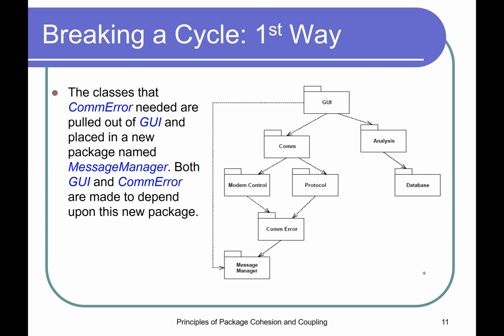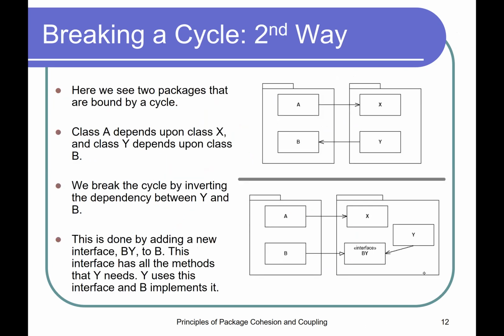Okay, now the other way I can break up the cycle is to use an interface. All right, now here it is. I got A, it requires B, so X and Y requires B. Okay, if I zoom out, okay, let's just ignore these classes for a moment. I can see one is going this way and one is going that way. So it's causing me a cycle.